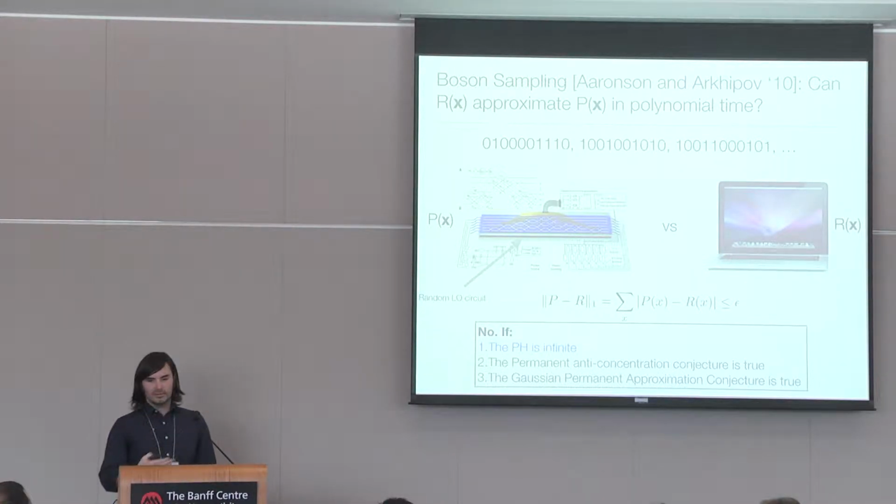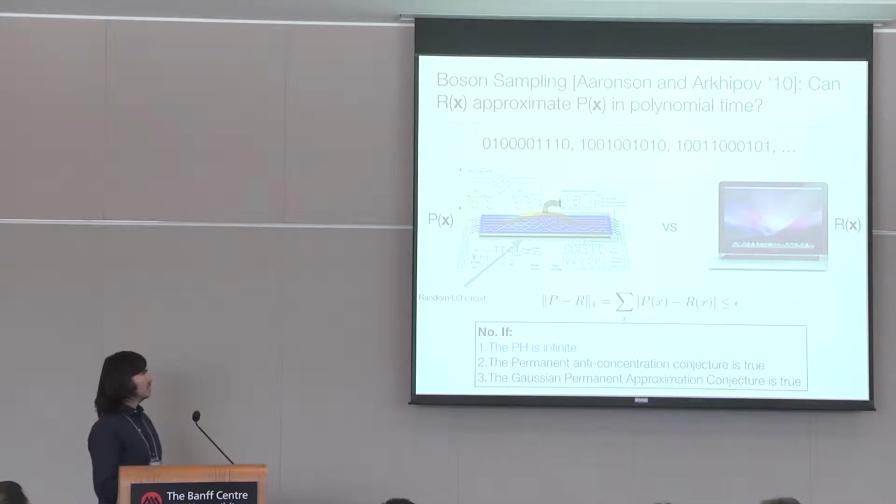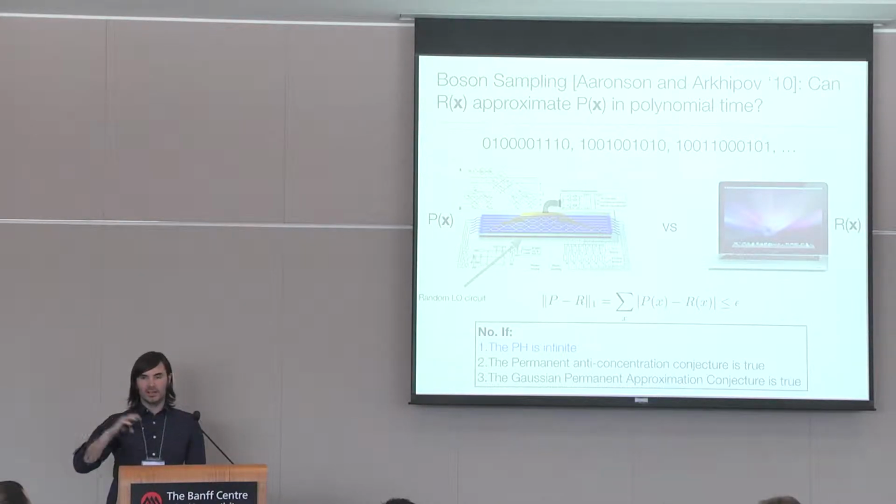You input single photon states into a linear optical network, and then you measure in the number basis. You're working in a regime where there's very low probability of getting 2 photons in any given mode, so you basically get bit strings out of this protocol.